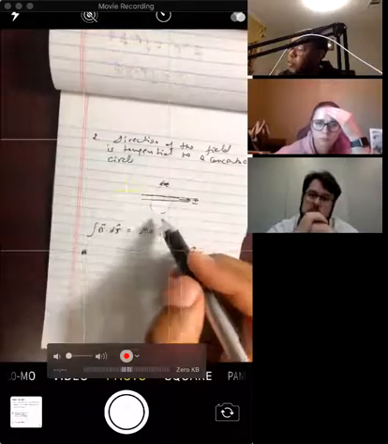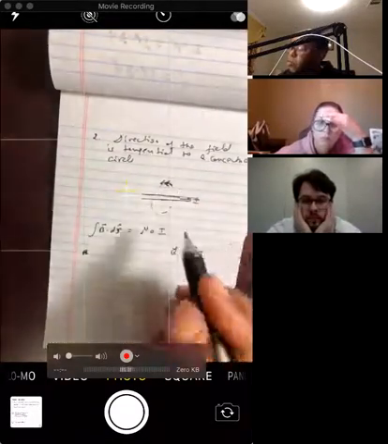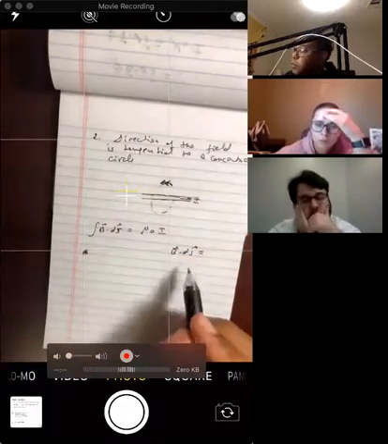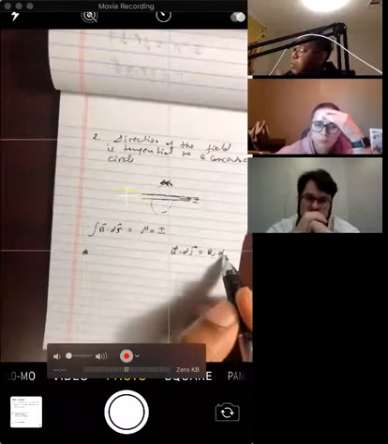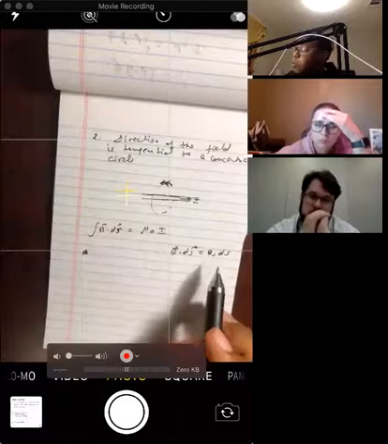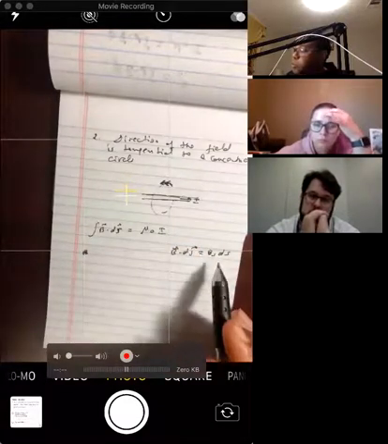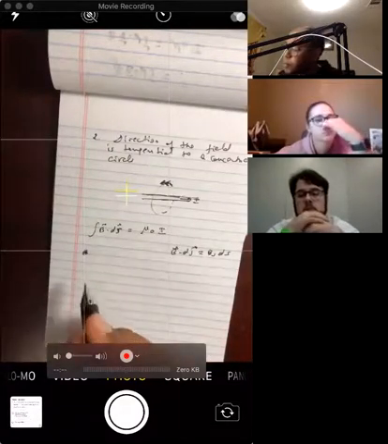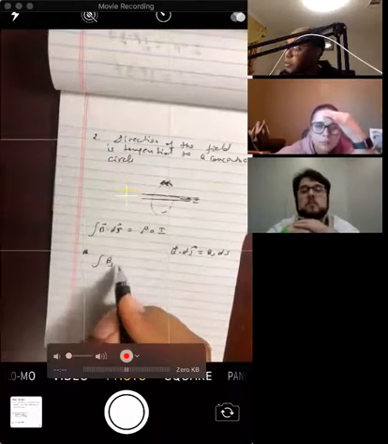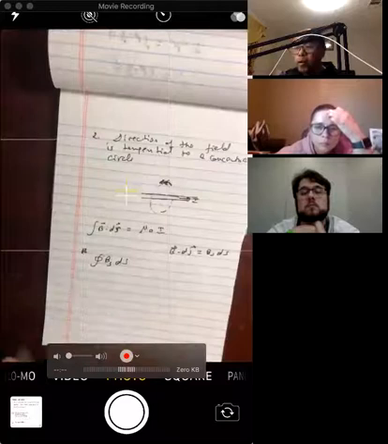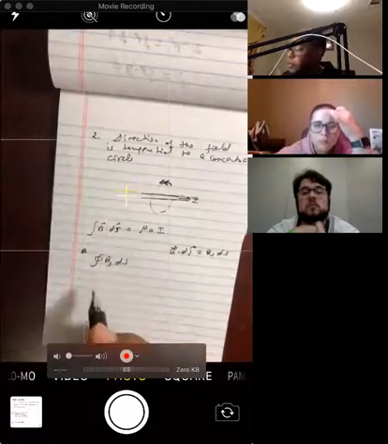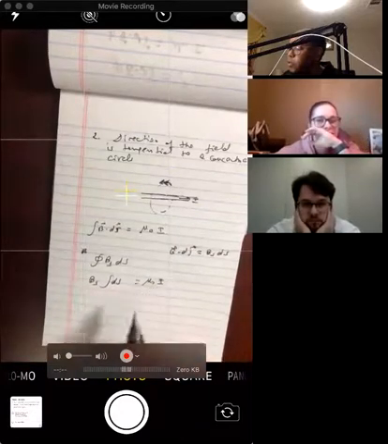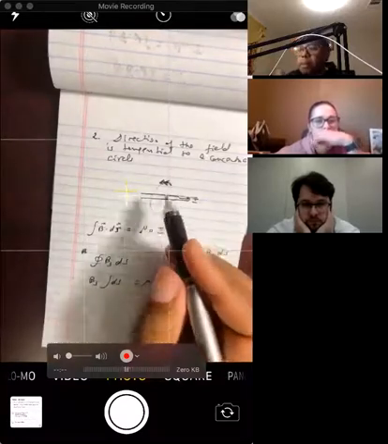If you take a circular path, ds is tangential to the path, and from symmetry we've concluded that the magnetic field is also tangential to circular paths. So this is B_s times ds. This is a component: it will be positive if it is counterclockwise and negative if clockwise, but the angle between them is either 0 or 180. The magnetic field is a constant from symmetry, so this integral is B_s times the integral of ds, which equals mu naught times I. What is the integral of ds over the whole path?